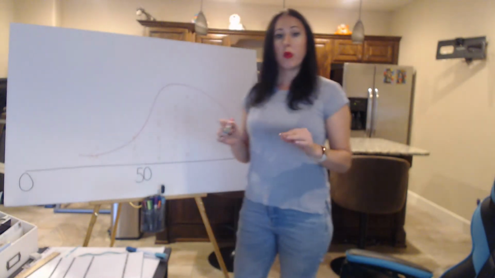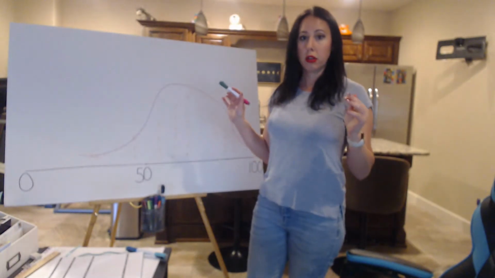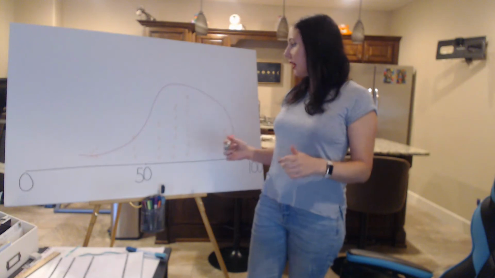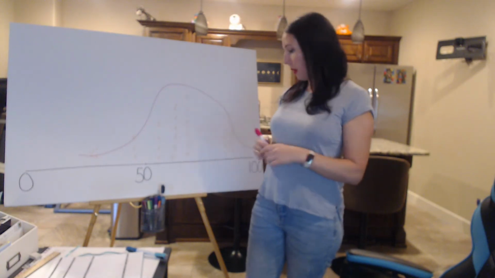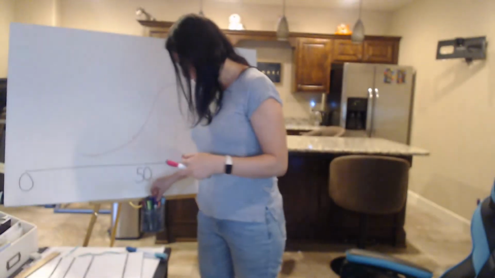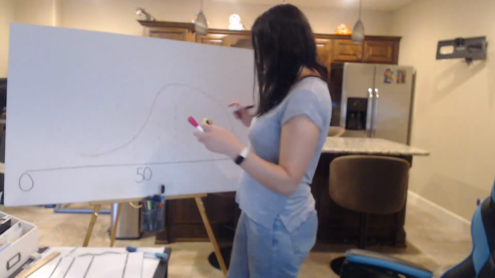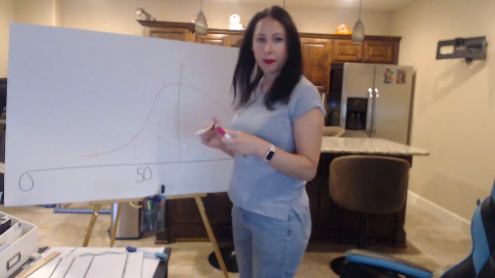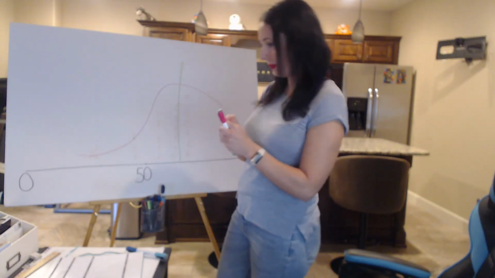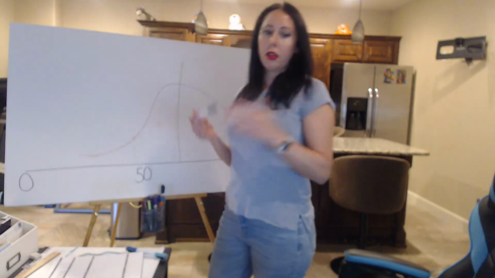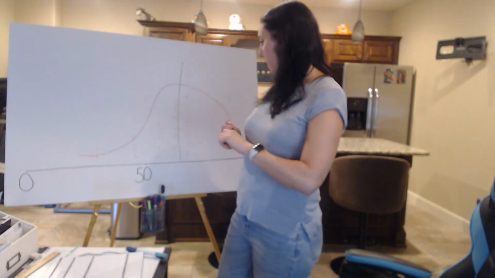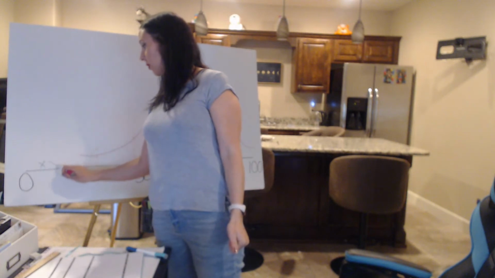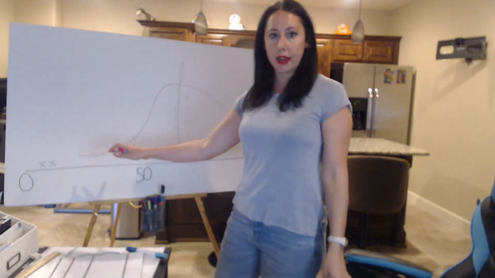what happens when you have a skewed result pattern, when you have a skewed distribution? Let's say my test average was over here at 70%. Okay, let's say this is my average right here, the green, my mean. Let's say in one class, there were some very small scores down here that brought down the average.